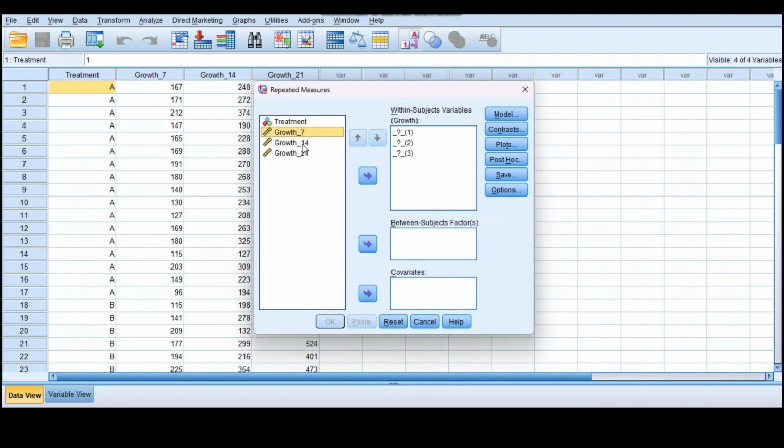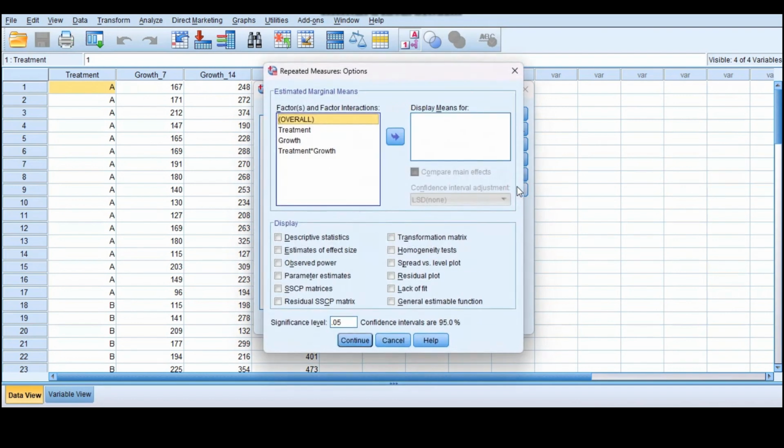In this case, you move the dependent variables, which are the growth at 7, 14, and 21. And then of course, the between-subject factor is the treatment, so you move it here. Then you come to Options, whereby we can decide to display the means, and also we can compare the means.